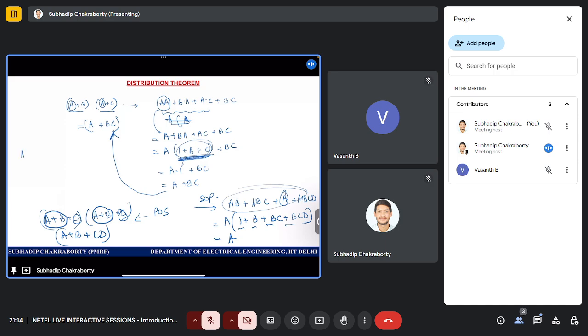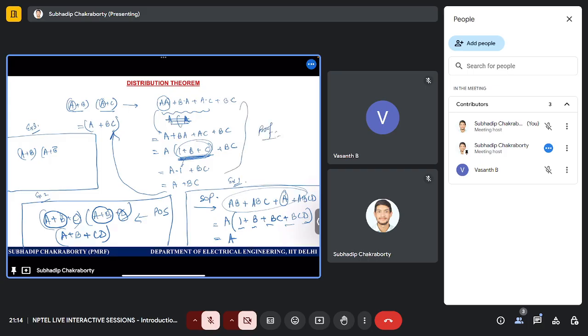So another example, maybe I can tell you, A plus B bar. So this is one example, this is another example, and this is another example. This is the proof. And for the example I give you, you can write it as, see these two terms, you have a common, right?